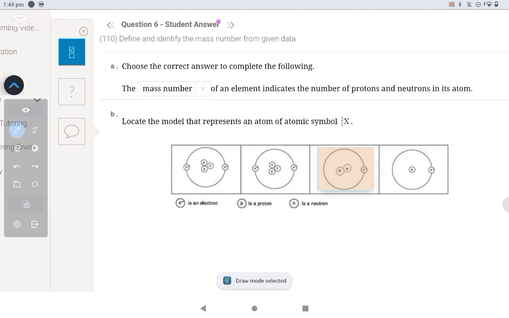So this is the nucleus, and whatever is inside is called the nucleons. And mass number is 2, a total of protons and neutrons of 2. So only this one has 2 as mass number because it has 2 nucleons. Here there's 1, here there's 3, here there's 3, so it doesn't suit.